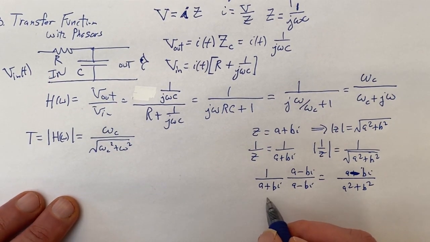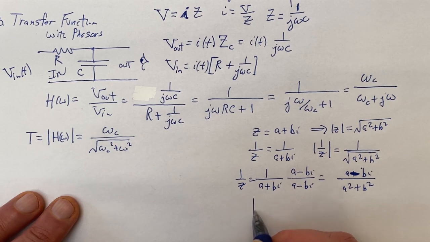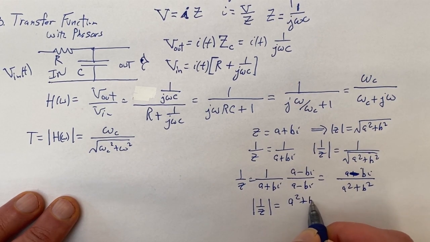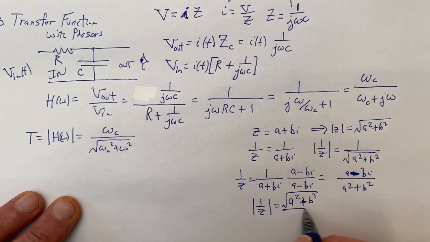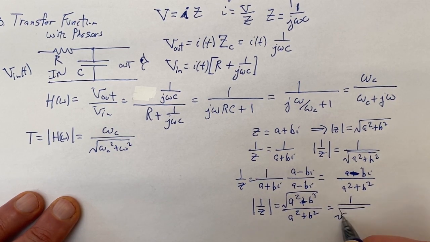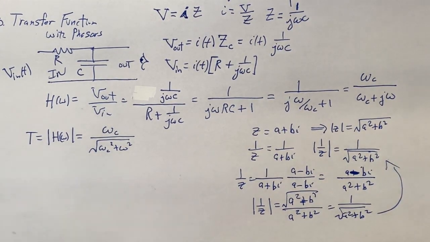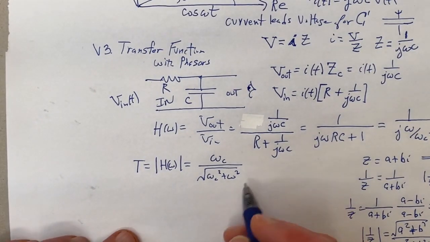And now if you want to take the magnitude of this thing, you want the square root of A squared plus B squared upstairs. And then downstairs you would square this and take the square root, so that would simply be this. But that is what I have up there. So that's a nice trick to remember. And if we do that, we have the result here.